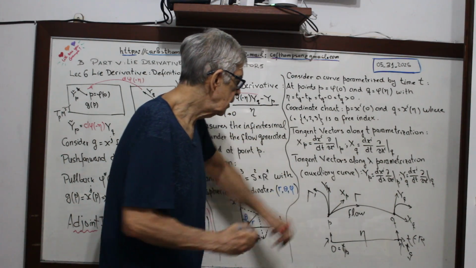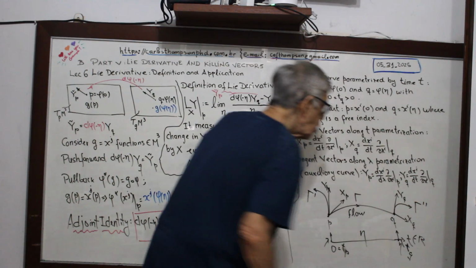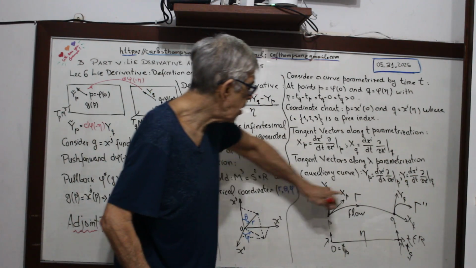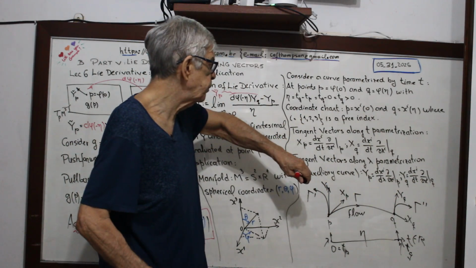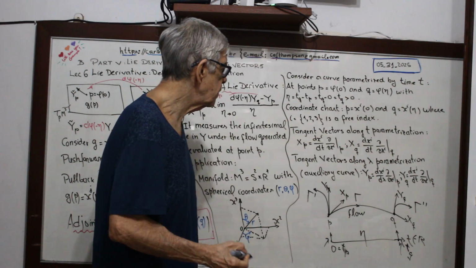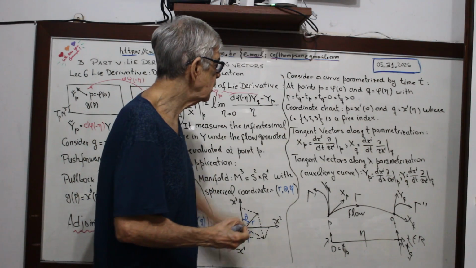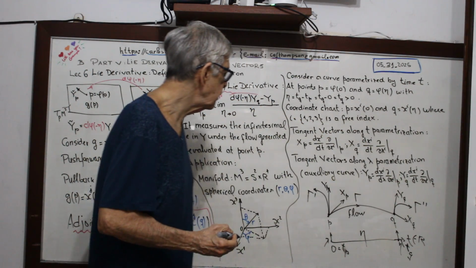Likewise, this is gamma double prime, parametrized by lambda. X is parametrized by the time t, as I pointed out over here.